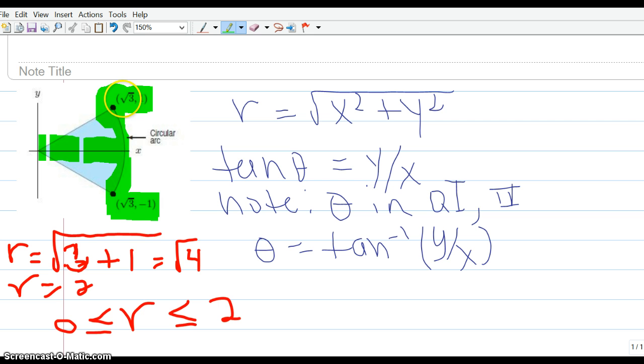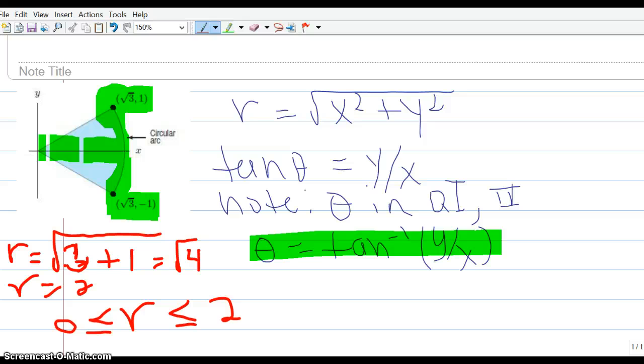So I think I misspoke. This is, of course, radical 3, 1 up here. So that's where I'm going to use this formula, that theta is the inverse tangent of y over x. In this case, I am writing it as inverse tangent because, as we observed earlier, our angles are in quadrant 1 or 4, which is in my range of inverse tangent, so I'm okay thinking of it that way in this case.